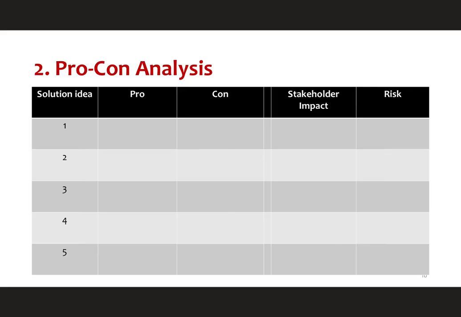Maybe it has a chance that something is not successful because this thing might happen, or the risk is that we cannot finish the project in time, or the risk is that we might need more time or more budget than we originally thought. So this kind of pro and con and stakeholder impact can also be used to evaluate your idea.